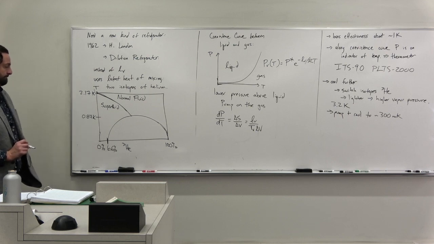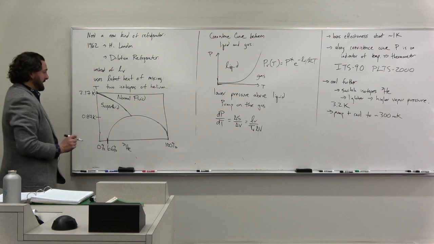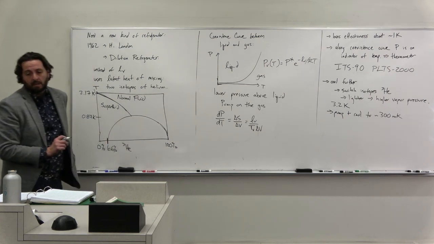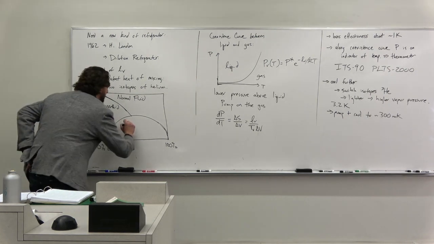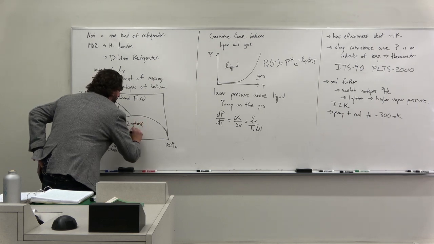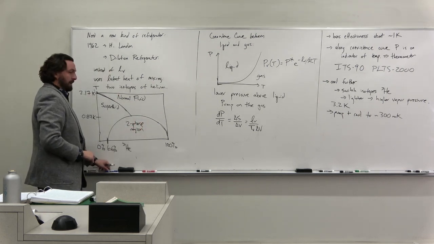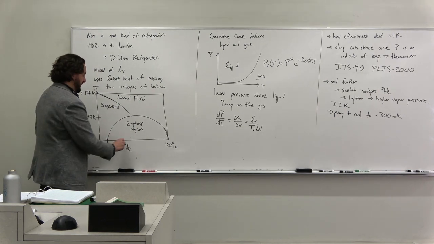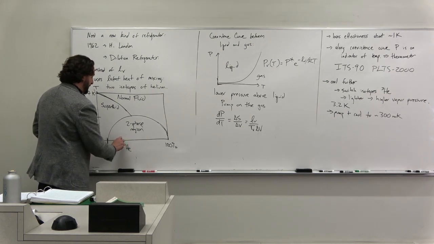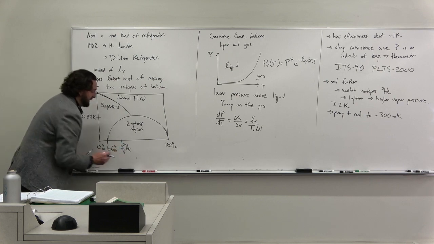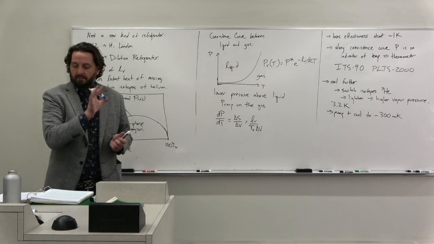And what happens is, this is called the two-phase region. Okay, what does that mean? It means that if I were to have, for example, a concentration of 30%, so this is roughly a special number.